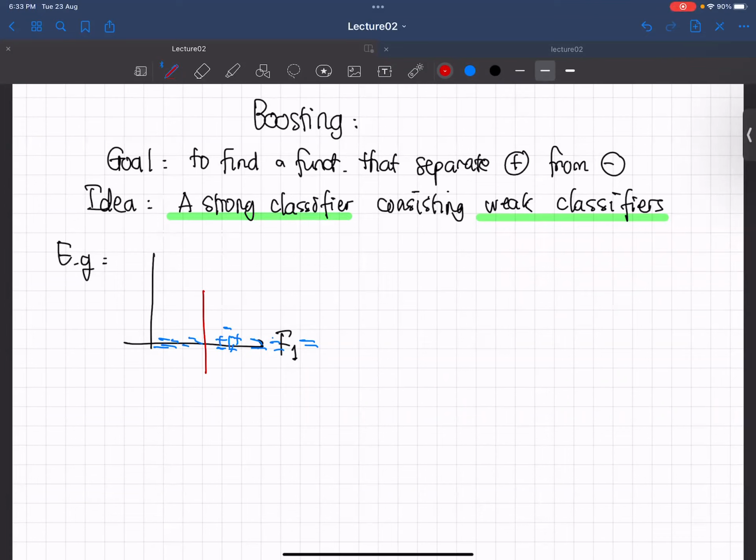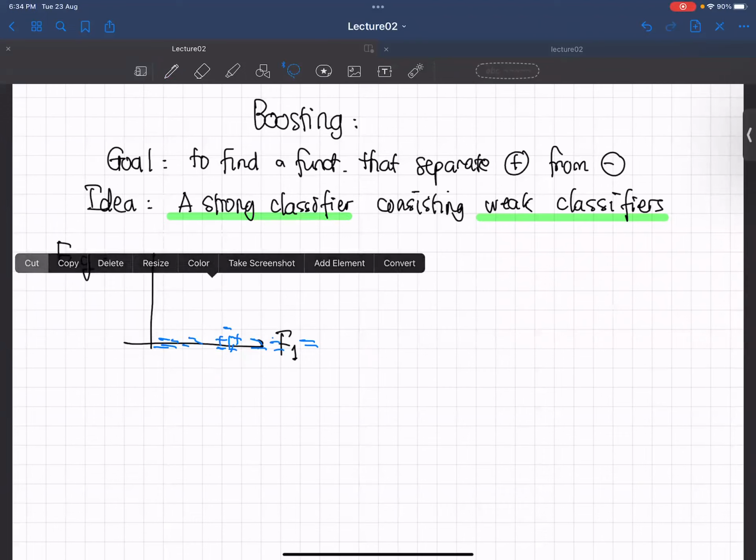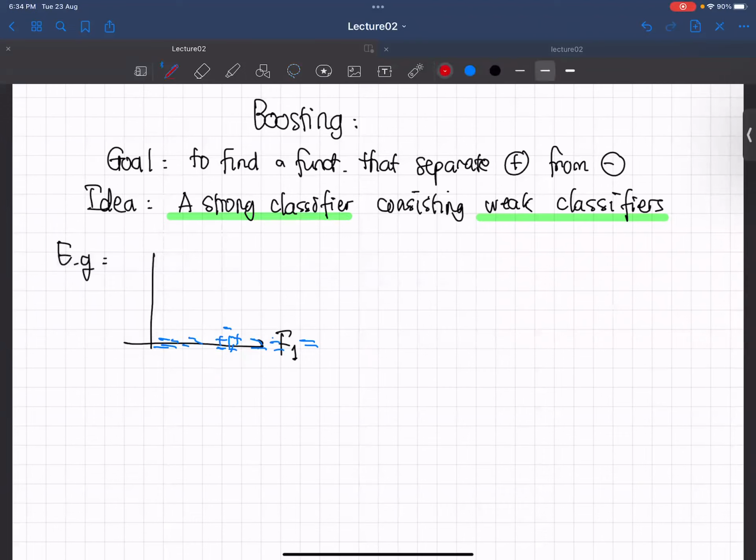So the basic idea is that, okay, let's relax, not just use F1, but let's use F2. So we use F1 and F2. If you consider F1 alone, it will be something like that.